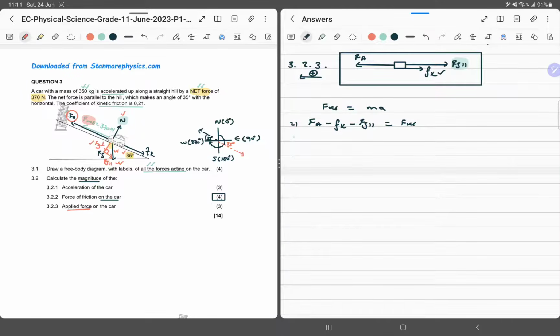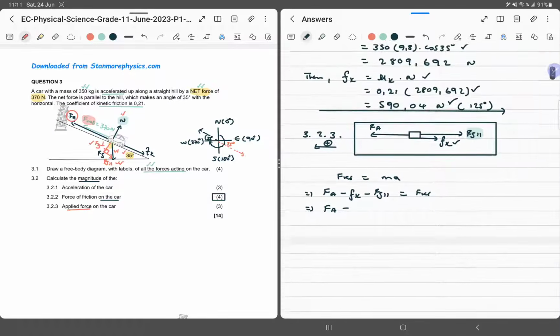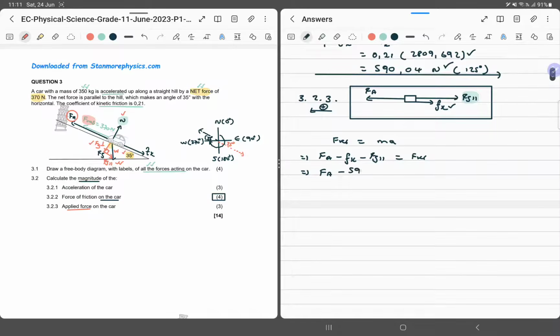So this implies that we've got FA, which we don't know, minus, now we calculated our frictional force, it became 590,04, minus FG parallel, which is mass, 350 into 9,8.